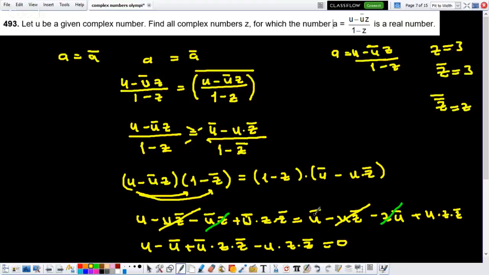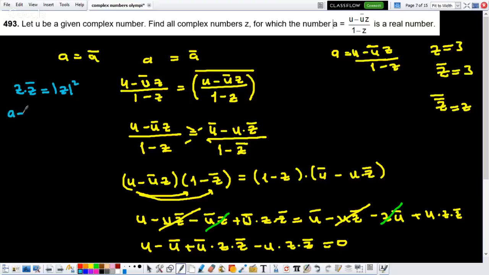Here I need to remind you about one more piece of information. z times z conjugate is equal to modulus z square.